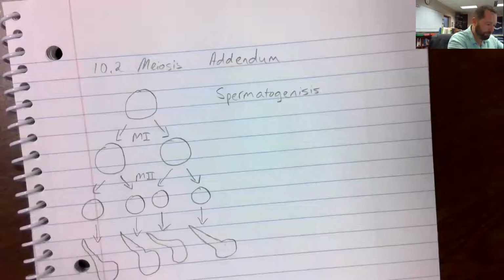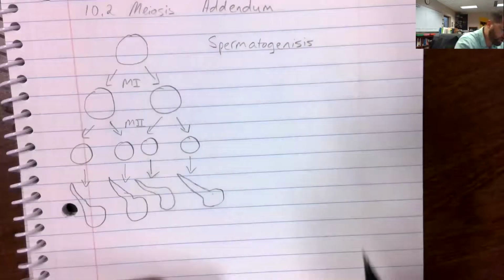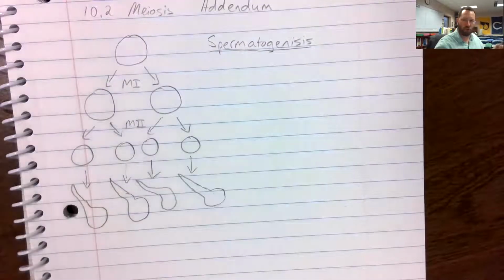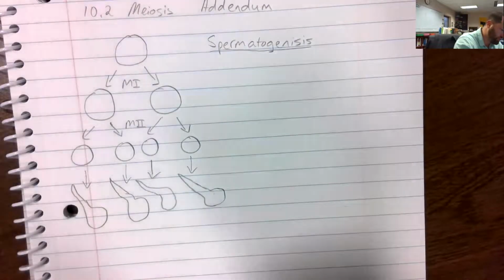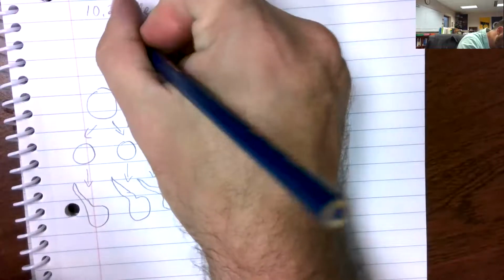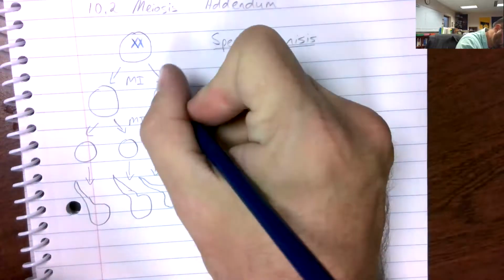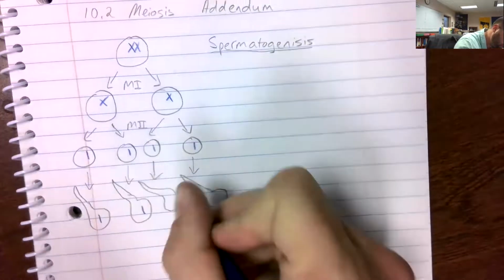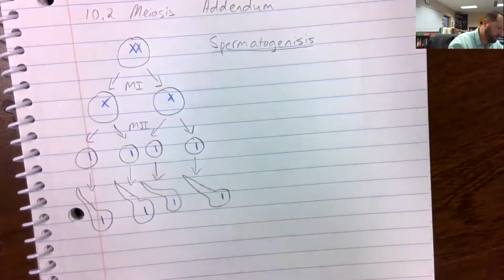So up top, first half of the page here, we have what we call spermatogenesis. I don't think I did this at all when we took notes today. But I'll go ahead and add in the chromosomes so we can all see those in there.